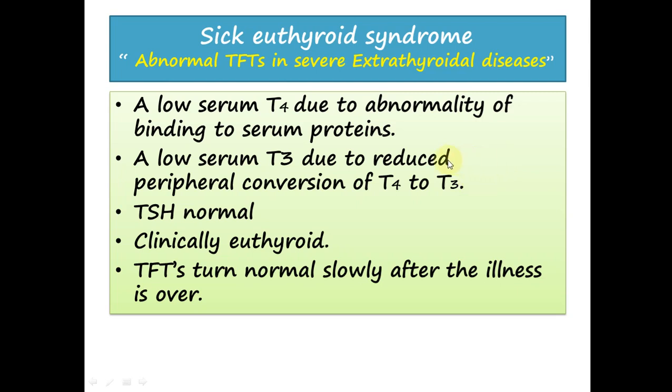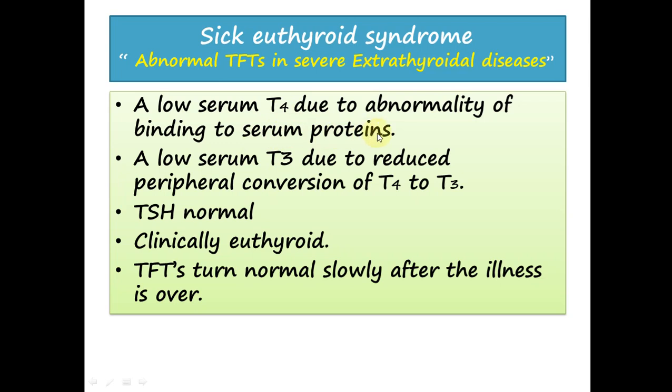The sick euthyroid syndrome is one in which there is deranged level of the T4 and T3 in extrathyroidal diseases. Here, the thyroid gland is normal, but the low serum T4 is due to abnormality in the binding of the thyroid hormones to serum proteins.